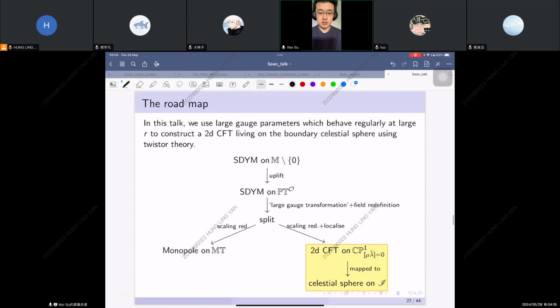So here's the roadmap for self-dual Yang-Mills, for example. I'm just taking one example. You can take self-dual Yang-Mills, lift it up to PT in the way I glossed over. You can trust me, there's an action functional on twisted space that gives you self-dual Yang-Mills. And you do this on the level of path integral. You do some large gauge transformations, these special gauge transformations, and do a field redefinition.